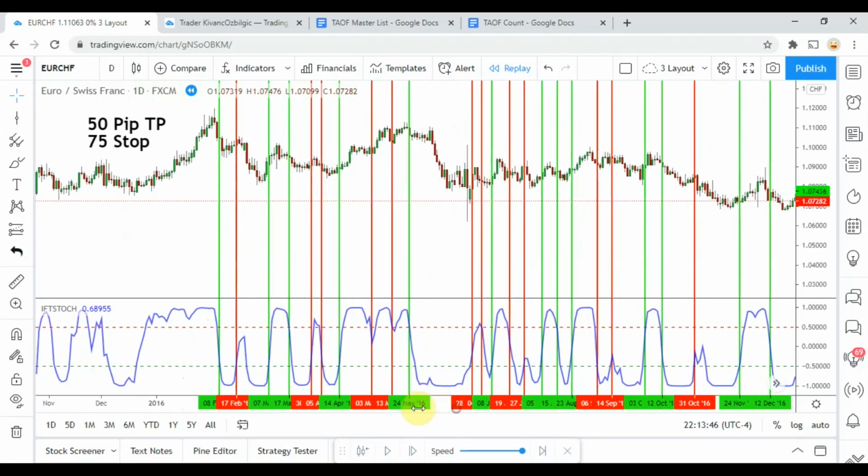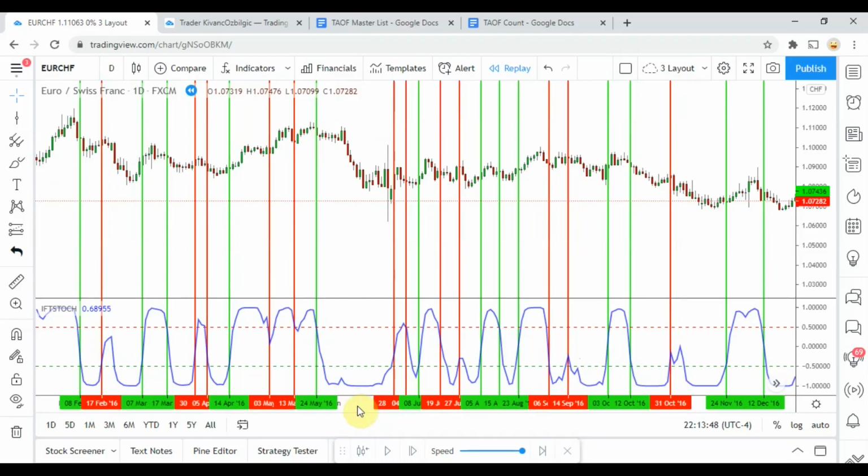Let's zoom in on it here, and we will count these out and see what we get out of it. So 1, 2, 3, 4, 5, 6, 7, 8, 9, 10, 11, 12, 13, 14, 15, 16, 17, 18, 19, 20, 21, 22, 23, 24, and 25.